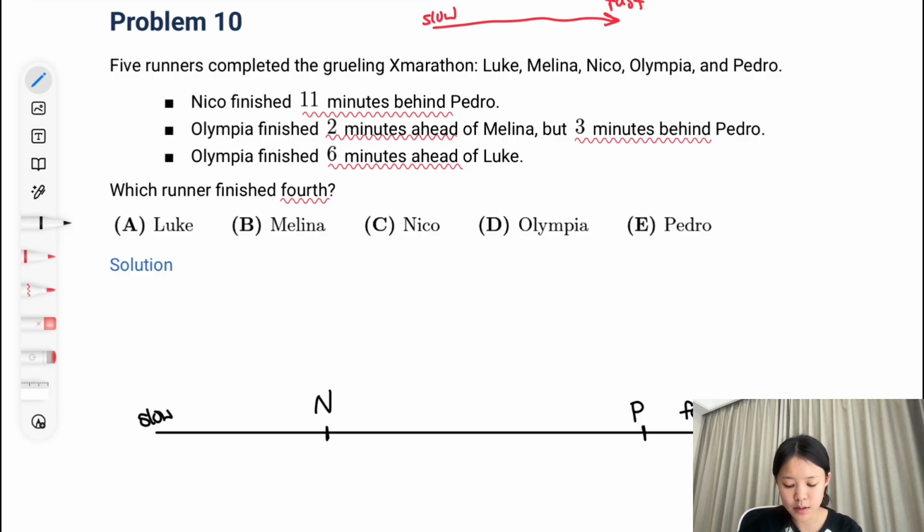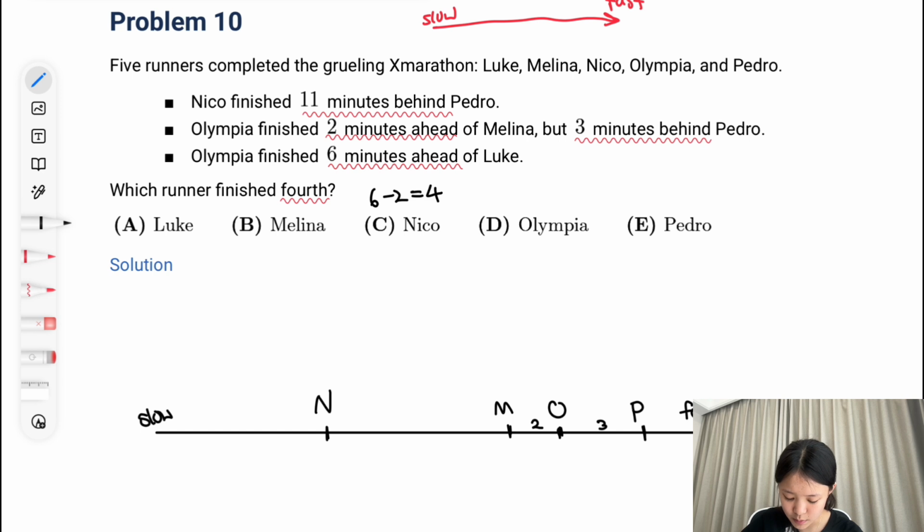The second one, it tells us that Olympia finished 3 minutes behind Pedro. So we'll put an O here and then 3. And 2 minutes ahead of Melina, which means Melina should be 2 behind Olympia. So here, 2. And then Olympia finished 6 minutes ahead of Luke, and 6 minus 2 equals 4.